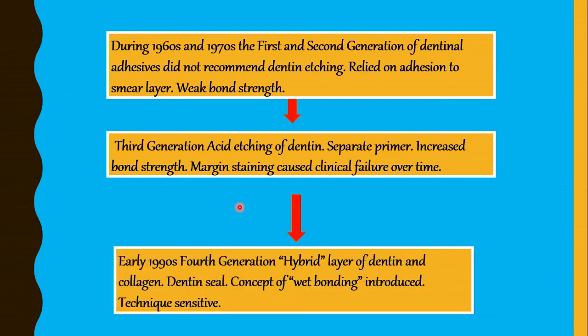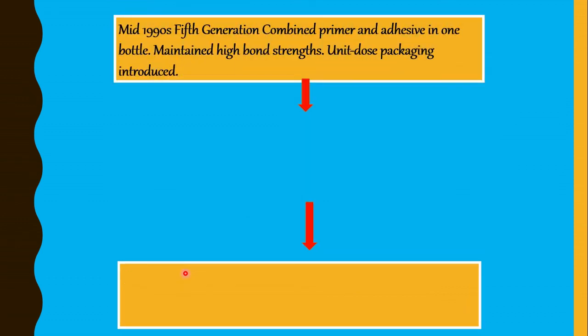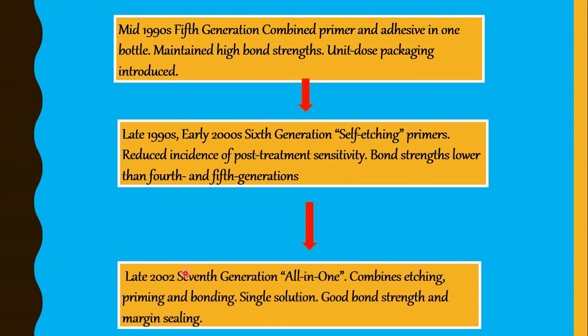And in the early 90s, the fourth generation came, and the concept of wet bonding, the hybrid layer of the dentin collagen, was introduced. These generations were very technique sensitive, and after that we have the fifth generation in the mid 90s.